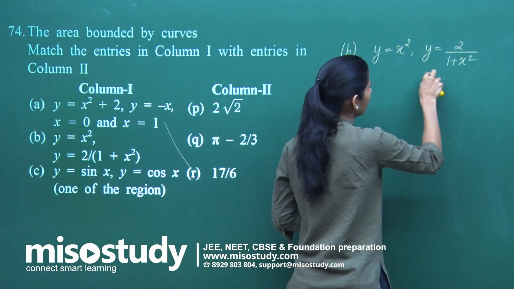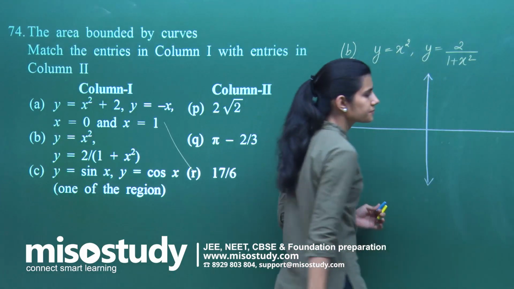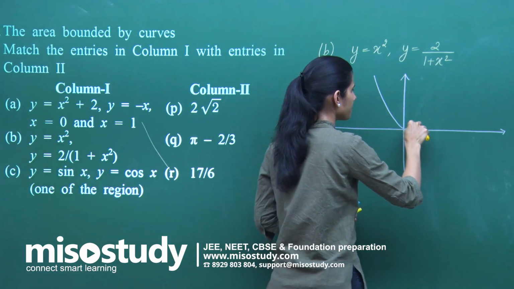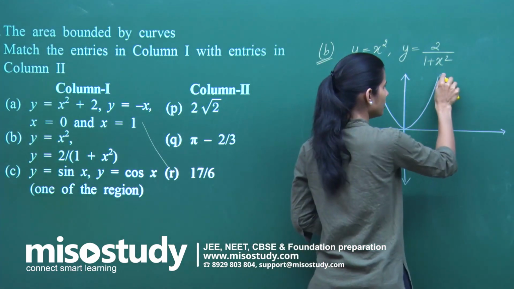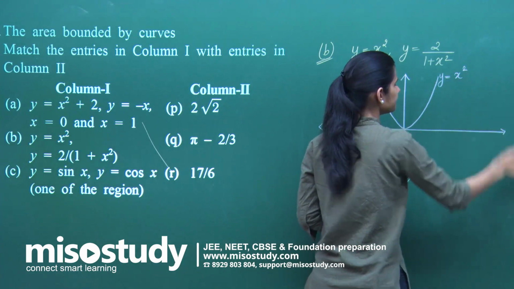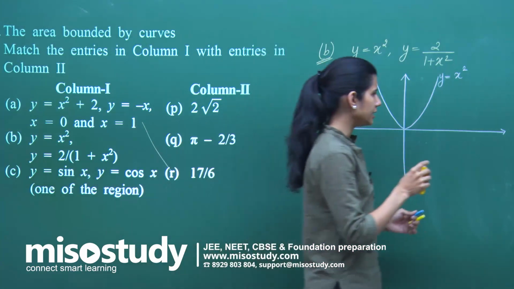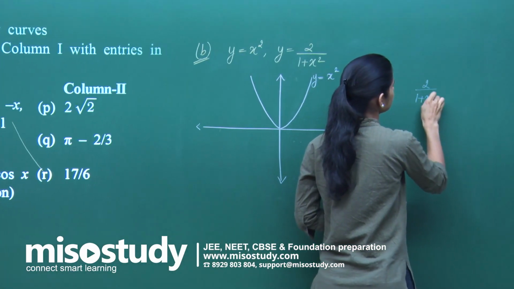if I focus upon the drawing, y equals x square is super simple. It is like this. This is y equals x square. If I talk about 2 upon 1 plus x square, let us just talk a bit about it.